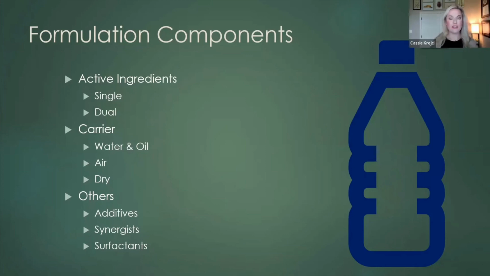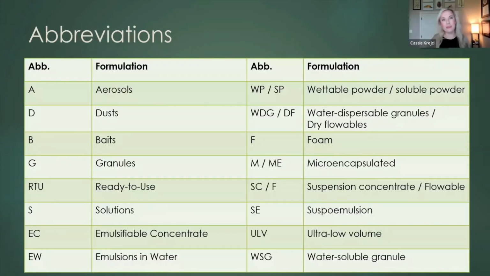So what makes this conversation a little bit more confusing is all the abbreviations that people use to describe different formulations. I'll pause here for a second to just let you absorb this a little bit. But I think one important part of this conversation is that the abbreviations behind formulations are not standardized. A lot of times, whenever you name an insecticide, there's a few rules, but using EC on an emulsifiable concentrate is not a requirement.